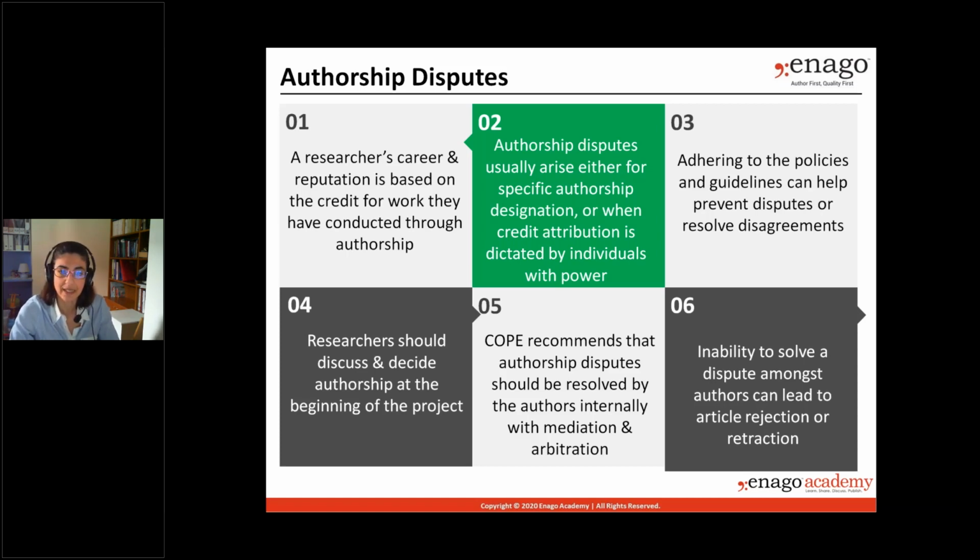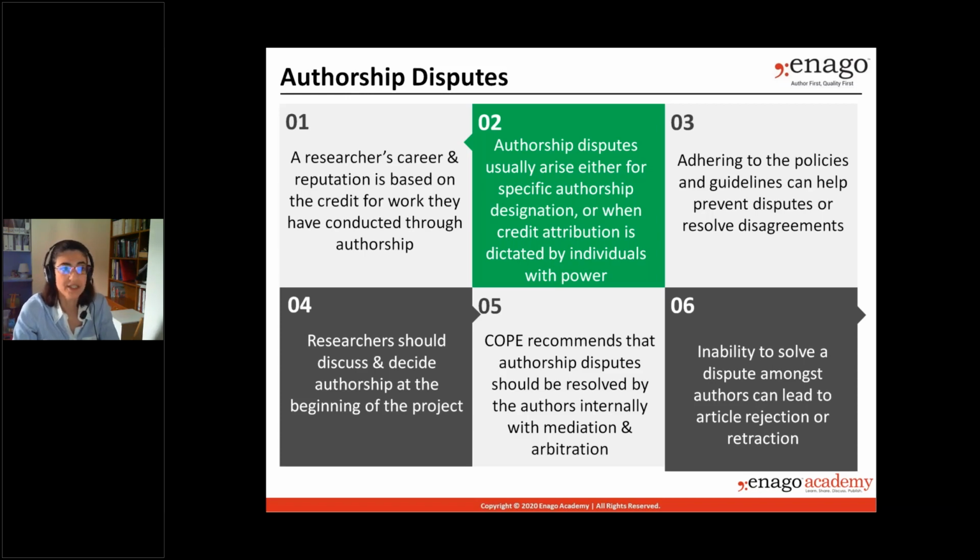Adhering to policies and guidelines can be a very helpful way to prevent disputes or avoid unresolved disagreements if they do arise. That's why the guidelines and the policies are there as a means to help us all avoid these situations and ensure that the same criteria are applied across the board, across teams, institutions, countries, and disciplines when it comes to acknowledging authors' and scientists' contribution.